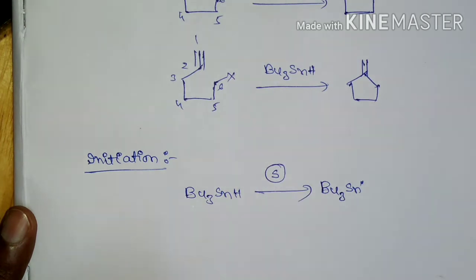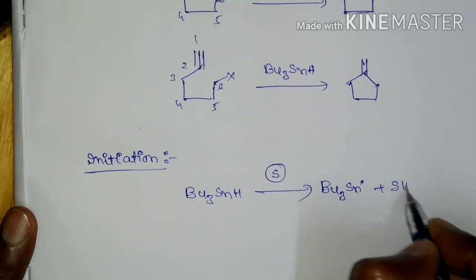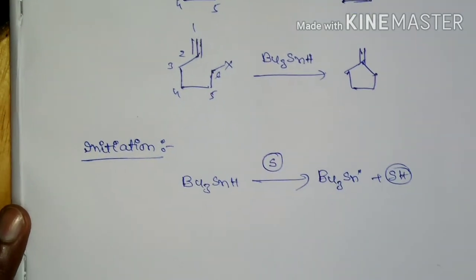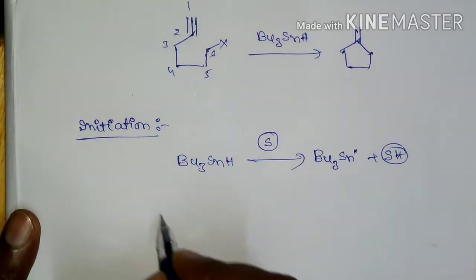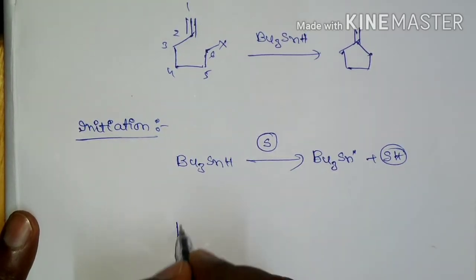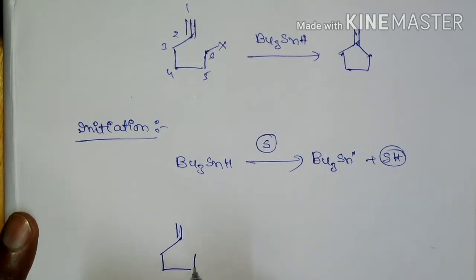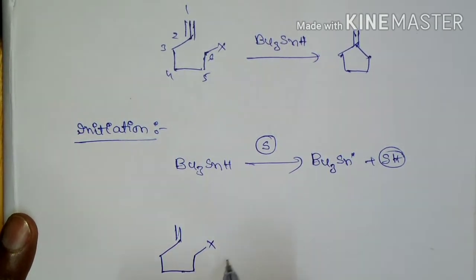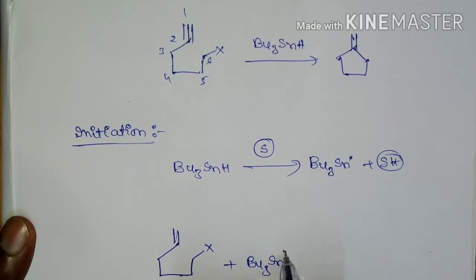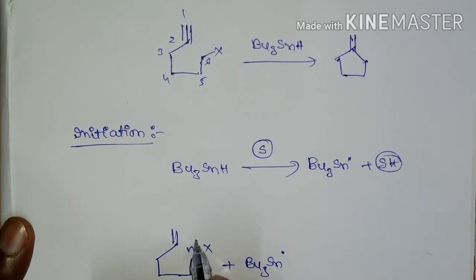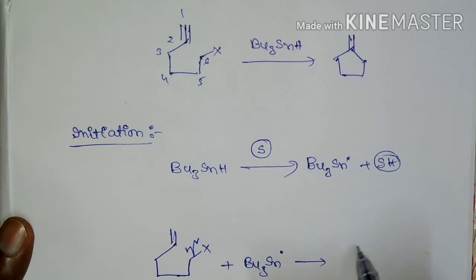So suppose S is the initiator, so we are going to get SH. So this tributyl tin free radical, now it is going to form this one.